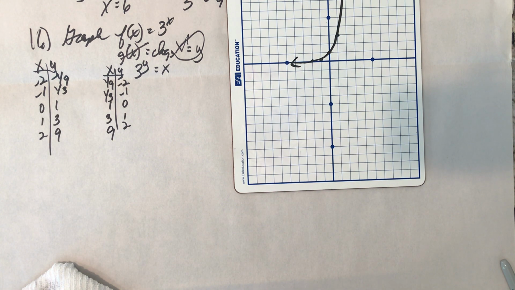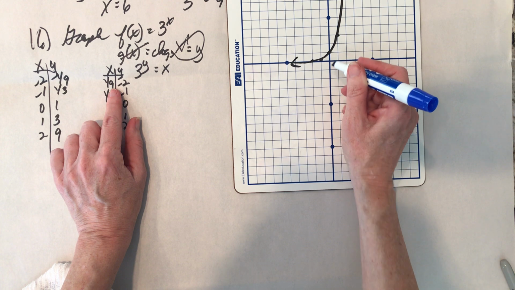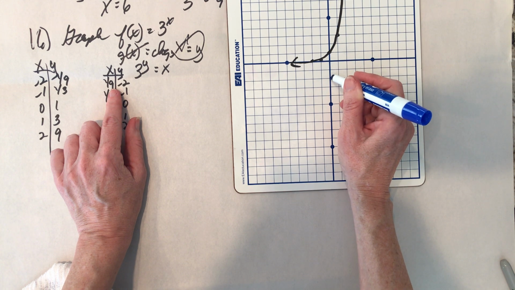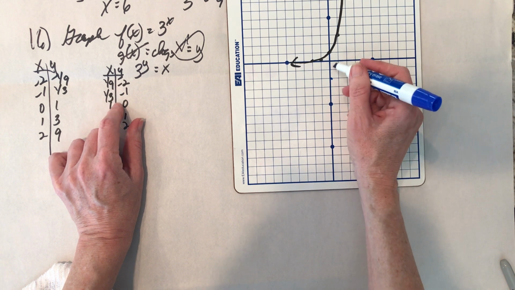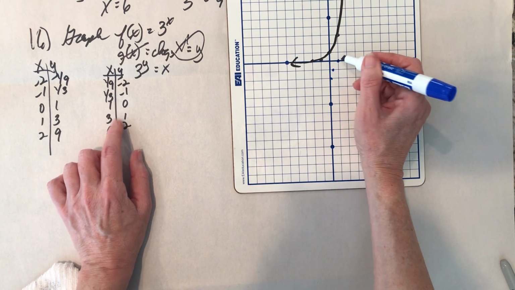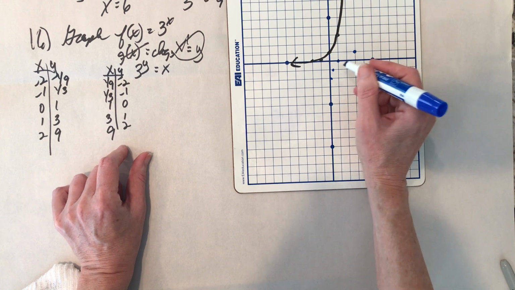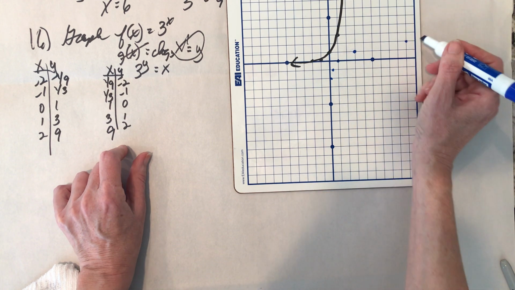So let's see what we've got there. We've got 1/9, negative 2. 1/9 down to negative 2, right about there. 1/3, negative 1, something like that. 1, 0. 3, 1. And 9, 2.